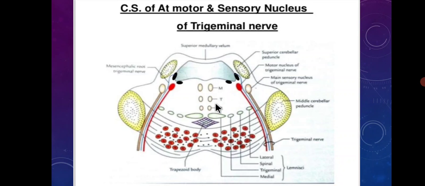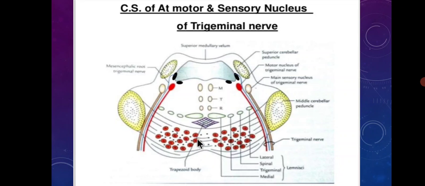First we will see the basilar part. It is composed of longitudinal bundles, transverse fibers and the pontine nucleus. The longitudinal bundles include the corticopontine, corticonuclear and corticospinal fibers.